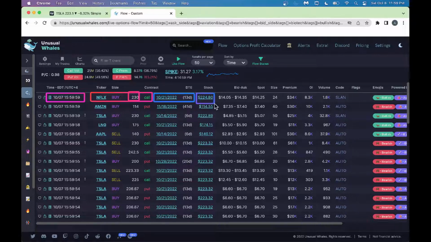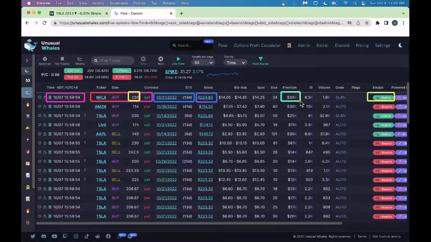Stock price is 224, and the strike price is 230. Somebody's really bullish. Look, there is an emoji tag here. It's a bullish trade here, and they're putting some money on the table, not too much. Premium is 34K. That tells you toward the end of the day somebody became bullish and they're really buying this here. And we got a few more things going on here.